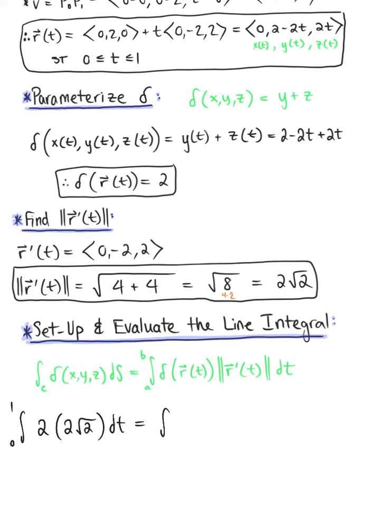Simplifying, that's the integral from 0 to 1 of 4 times the square root of 2 dt. That's a simple antiderivative. This becomes 4 times the square root of 2 t from 0 to 1, which leaves us with a final answer of 4 times the square root of 2.